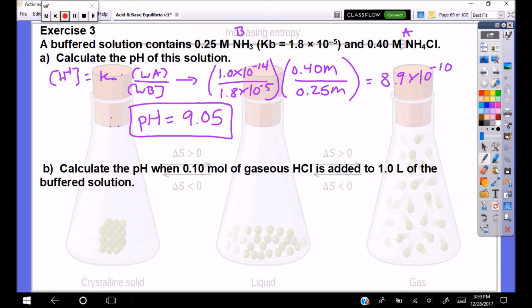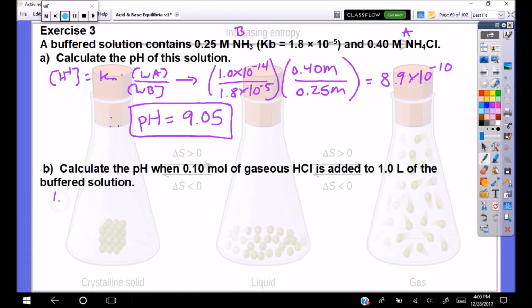Okay. All right, now I want to know the pH when 0.10 moles of HCl is added to 1 liter of the buffered solution. Well, they've made it easy for us. We're looking at 1 liter of solution.